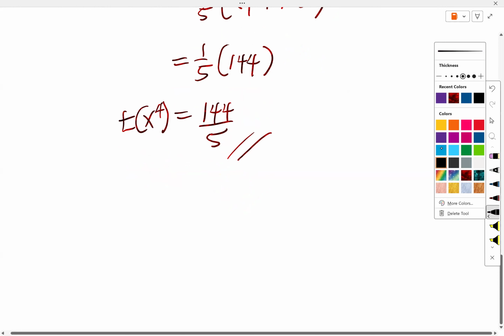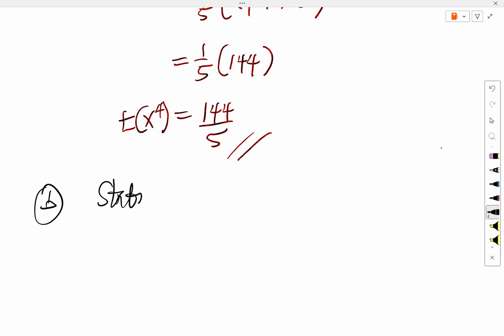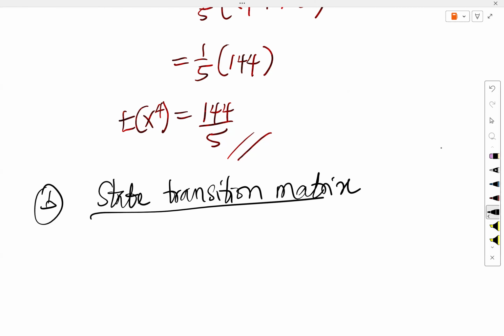So, you should know this, that in the context of Markov chains, we are talking about the state transition matrix. Of course, there's some kind of movement going on here, and that is what we have.